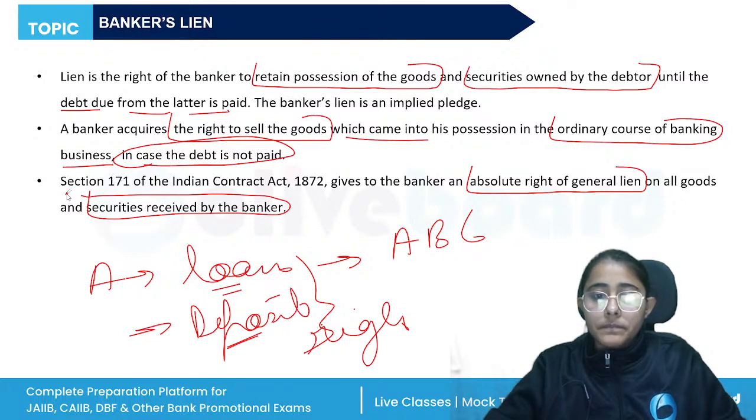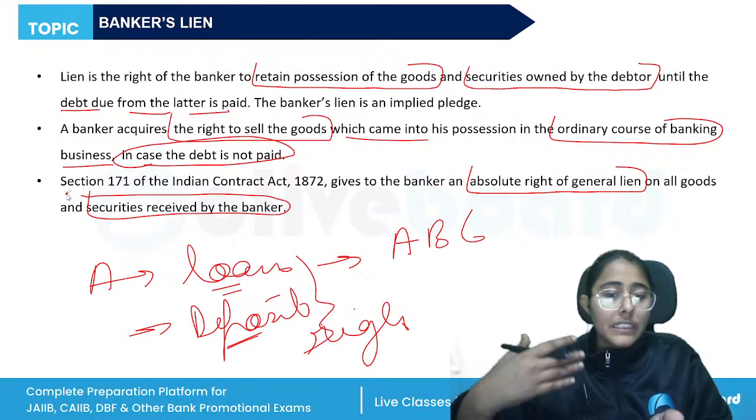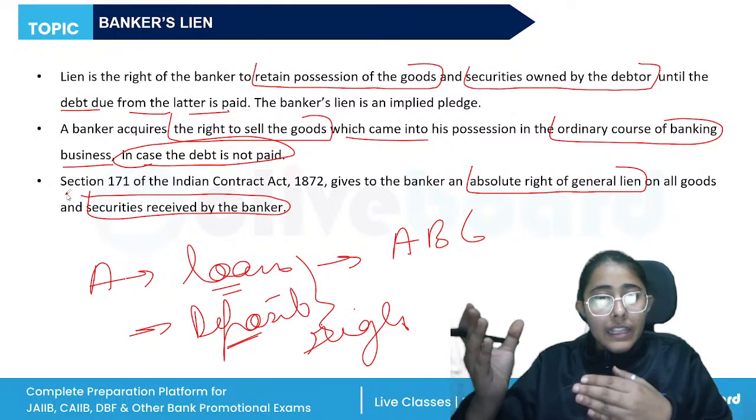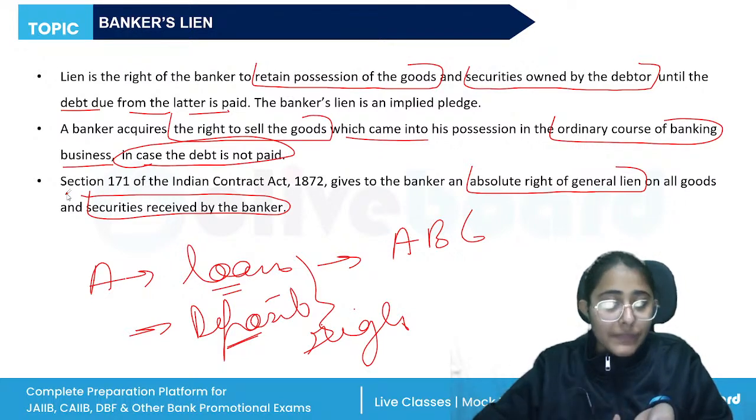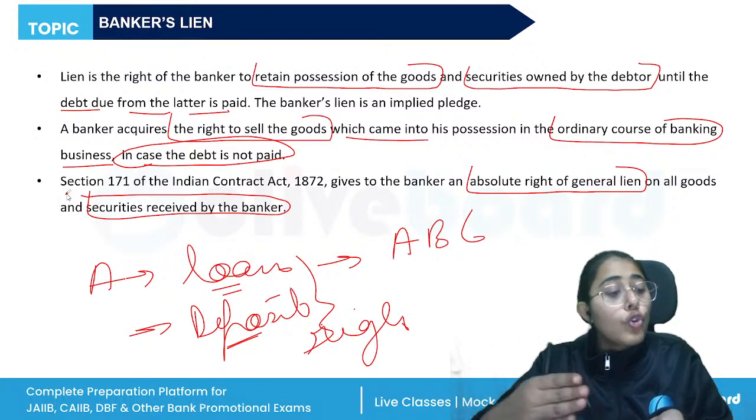Now, the term given here is that they acquire the right to sell the goods which came into his possession in the ordinary course of business. So if a customer by chance leaves a packet containing certain share certificates or life insurance policies or fixed deposit receipts while leaving the bank premises, then the banker will have no right of lien.